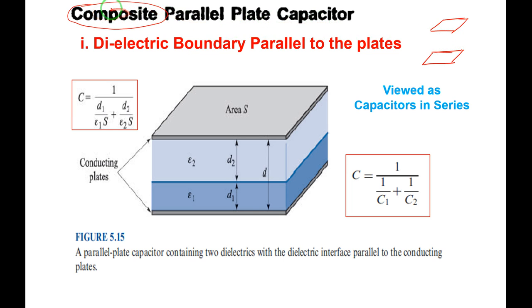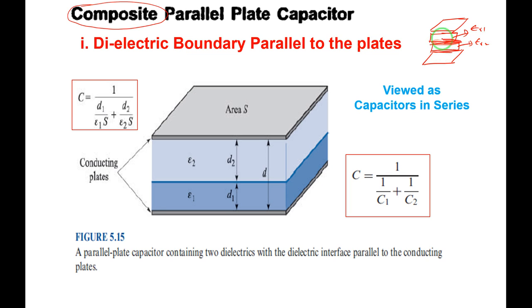But what is this composite? Suppose I have a uniform dielectric material made up of the same kind of dielectric constant, then that is fine. But I have one dielectric material having the relative permittivity of epsilon r1. I have another dielectric having the relative permittivity of epsilon r2.